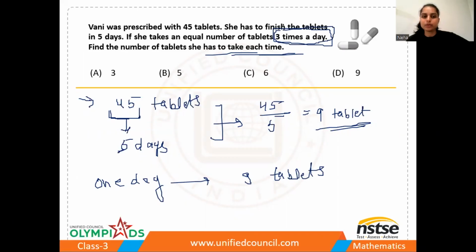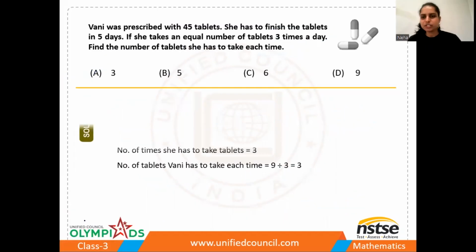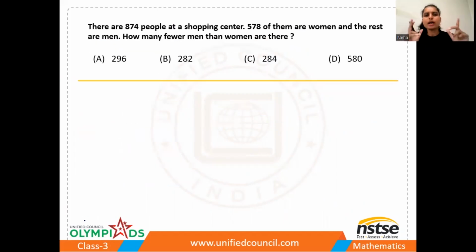So in one time she has to take 9 by 3 tablets, right? That means 3. So yes, 3 tablets is your right answer. Yes, that means 3 tablets she has to take each time. Option A is your right answer. Perfect. So this question is also done, and this is the detailed solution for this given question. Now let's move to the next one.